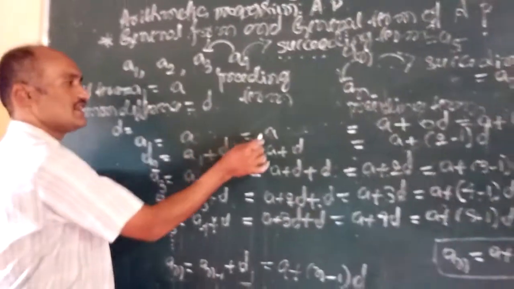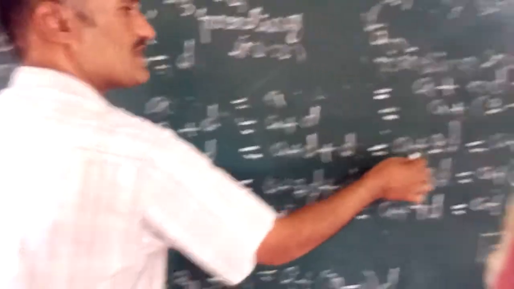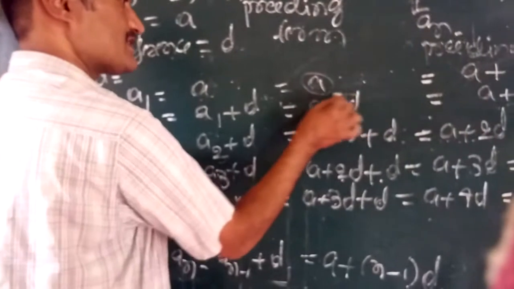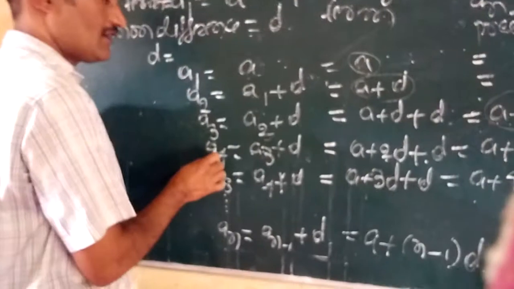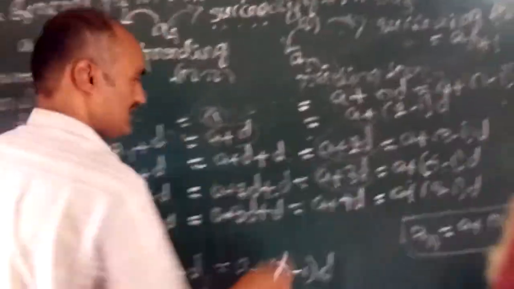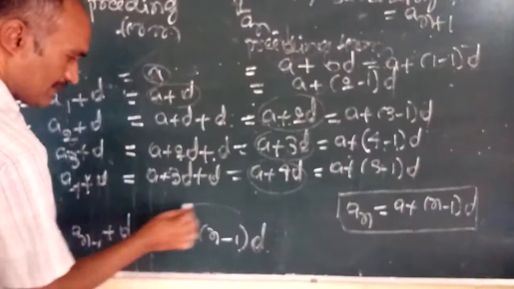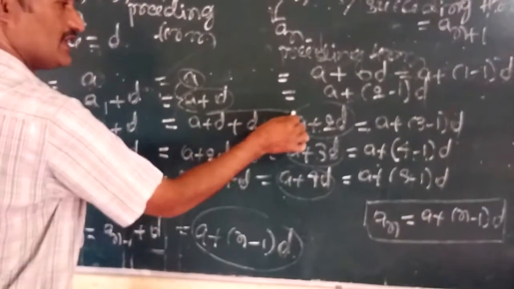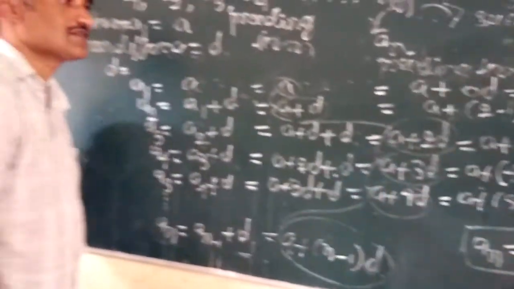Yes, student, the first term is A, the second term is A plus D, the third term is A plus 2D, the fourth term is A plus 3D, the fifth term is A plus 4D, and the nth term is A plus n minus 1 into D. So A plus D, A plus 2D, A plus 3D, A plus 4D, and so on, A plus n minus 1 into D. That is what we call the general form.